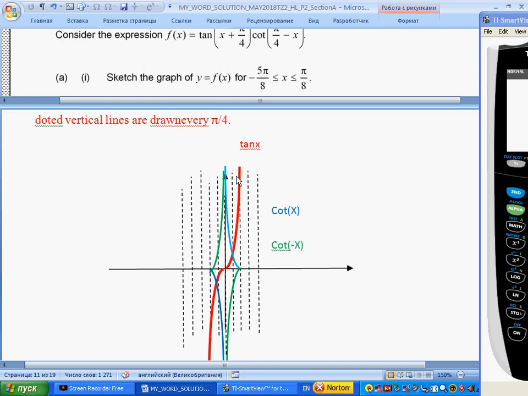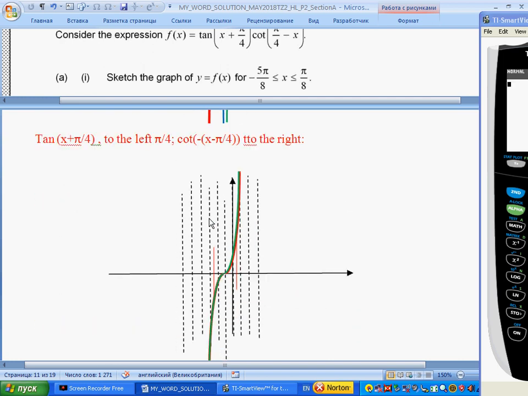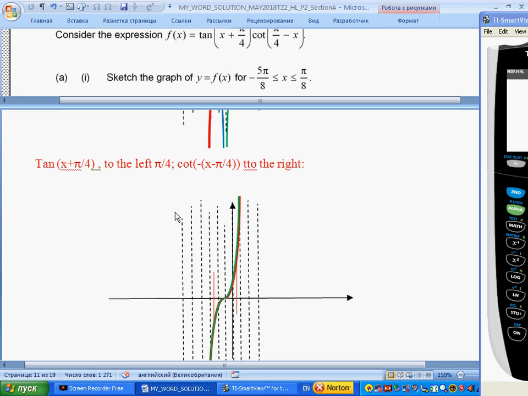For cotangent, it is blue. For cotangent minus x, it is green. Then this green and red should be repeated, and you're getting something like this. Plus, tangent is shifted to the left π over 4, and cotangent is shifted to the right π over 4.